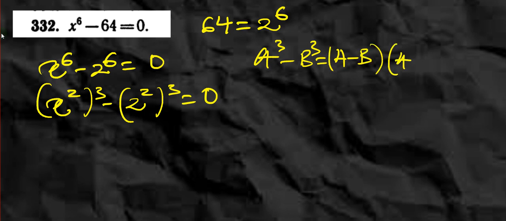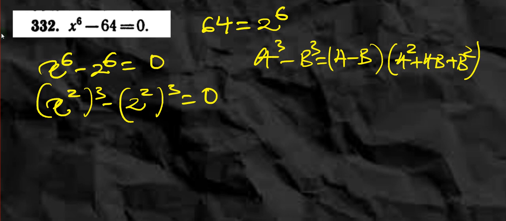When we have a to the 3 minus b to the 3, we know that this is a minus b, which multiplies a square plus ab plus b squared, right?